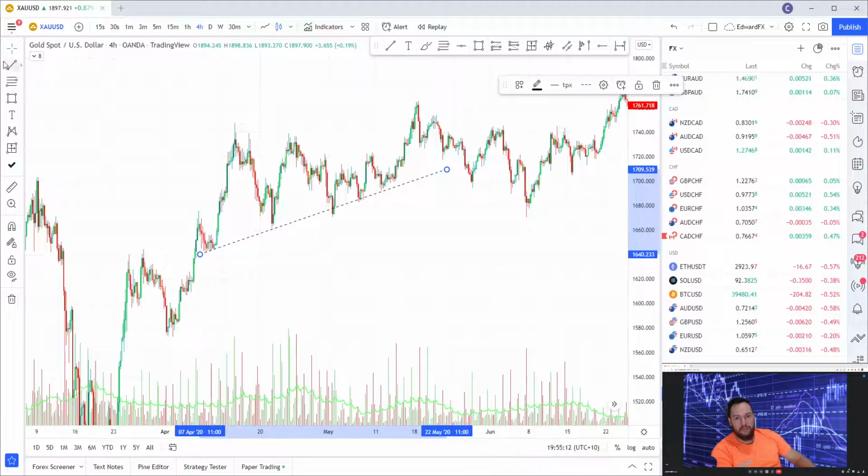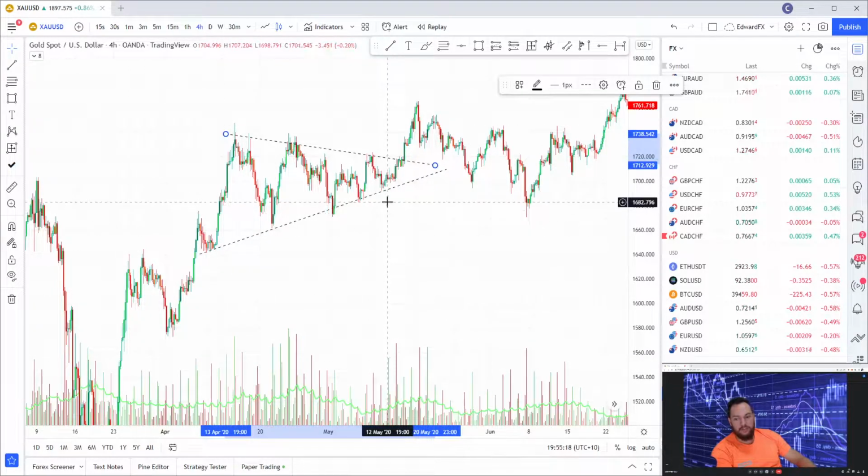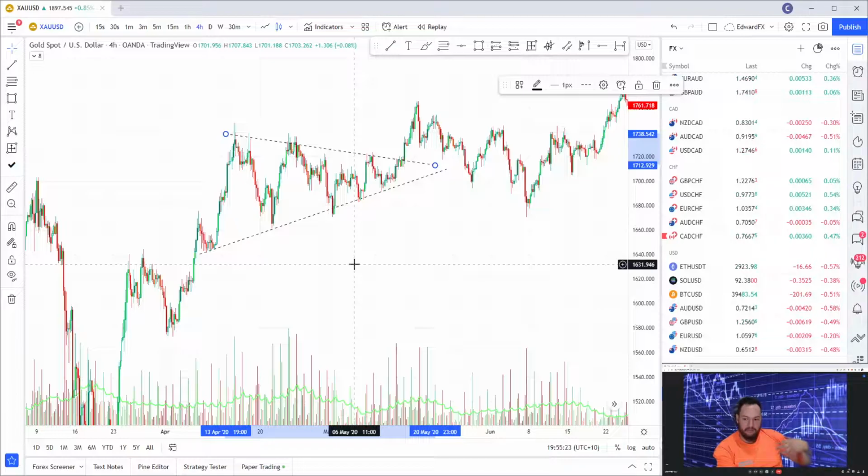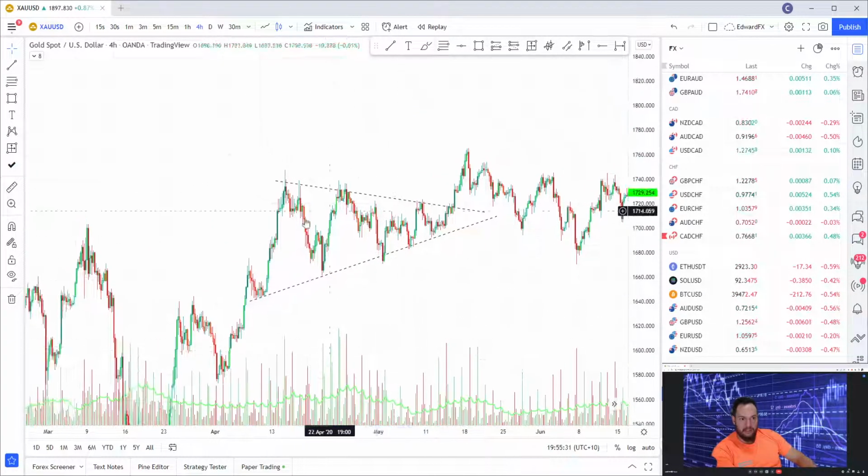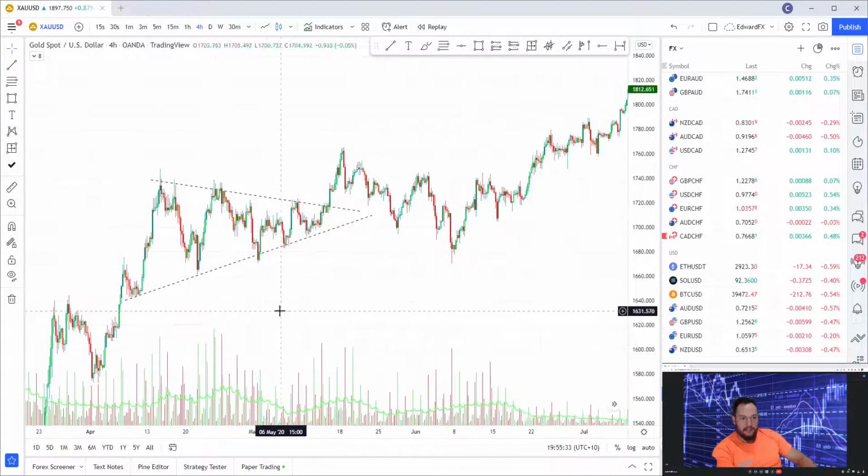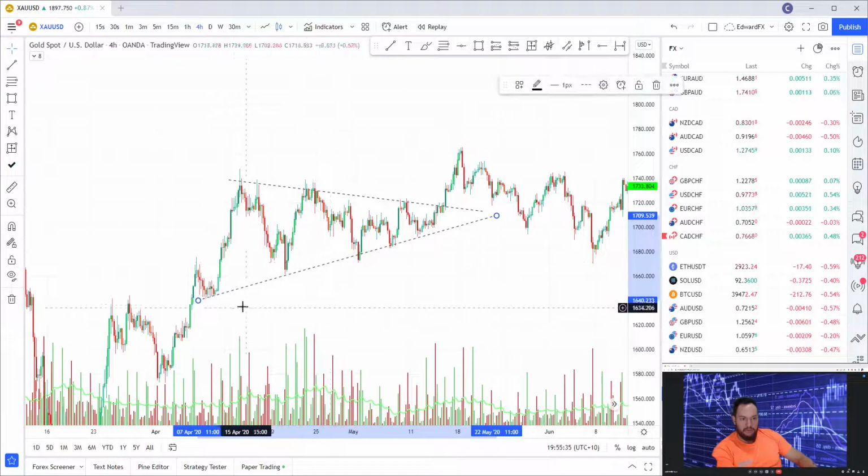So we have pretty much a bull pennant here, right? The chart patterns are just accumulation or distribution patterns, that's all they are. So it's a period of accumulation, and this is what is happening within this space to break out. But now what we do have is a scaled in entry here, scaled in entry here, scaled in entry here, scaled in entry here, scaled in entry here.